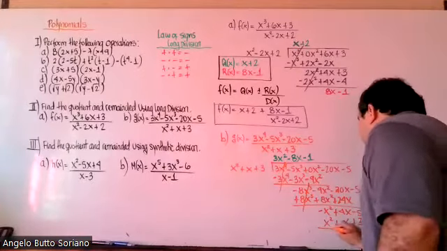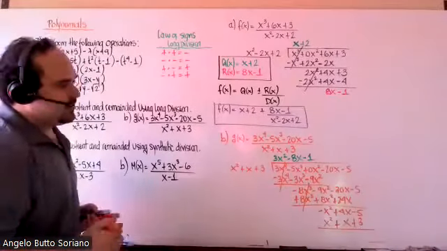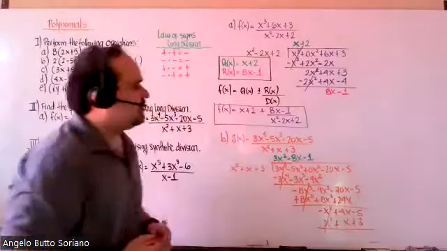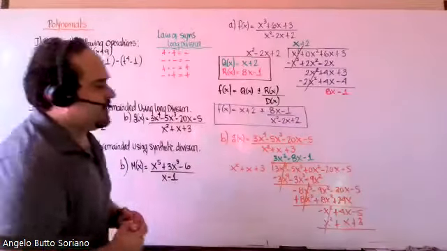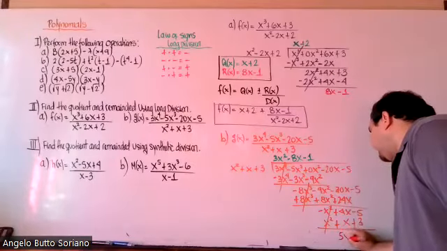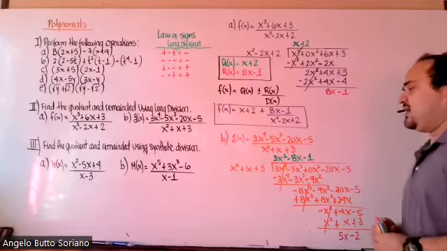Positive what? 3. Well, this is the moment of truth. Remember, this x squared with x squared will be canceled. 4 plus 1 will be 5x. And negative 5 plus 3 will be negative 2.